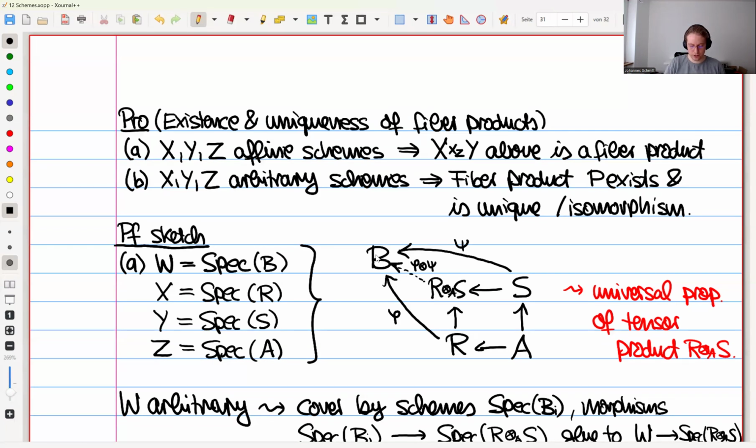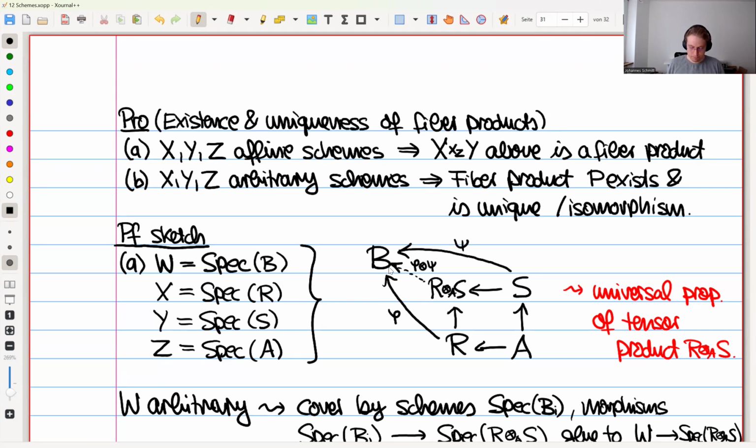So B also becomes an A-algebra. Then the universal property of the tensor product says that in this situation there is a unique map of A-algebras from R tensor_A S to B, which we call phi tensor psi, such that this entire diagram commutes.